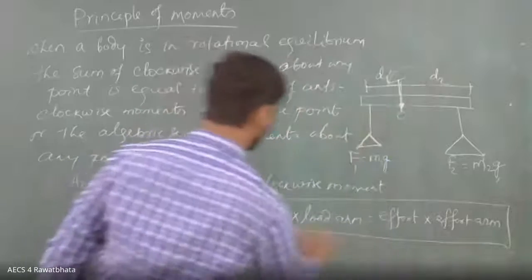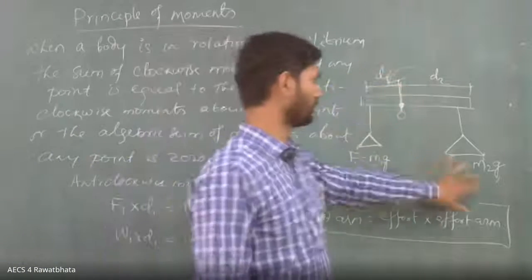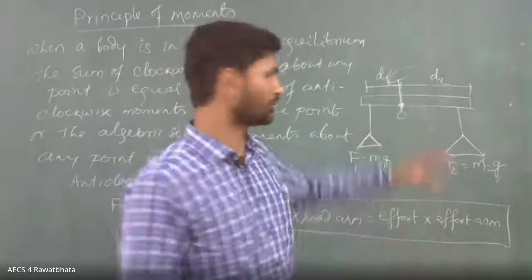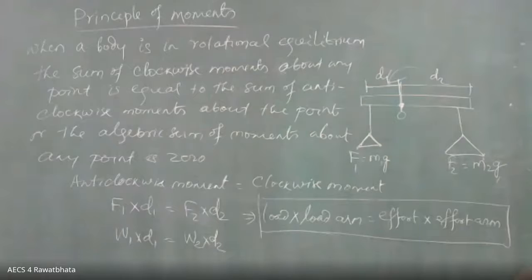This is the statement to remember. Okay. So basically F1 into D1 is equal to F2 into D2. So whenever the system is in equilibrium, then we have F1 into D1 is equal to F2 into D2. This is the thing. Clear?